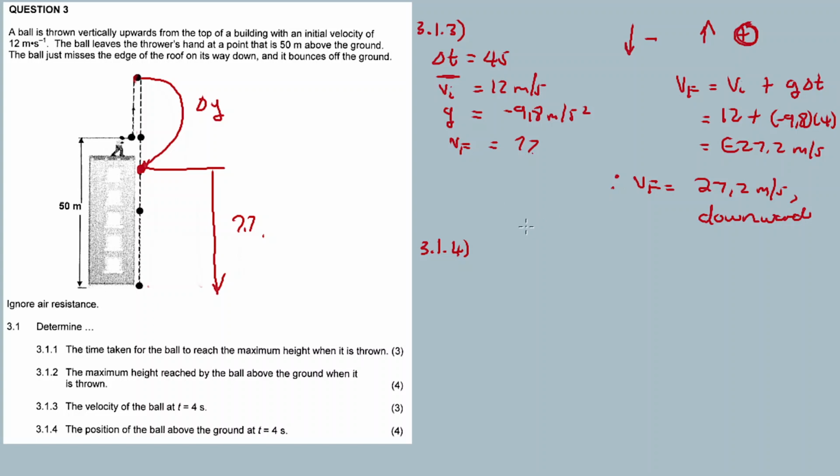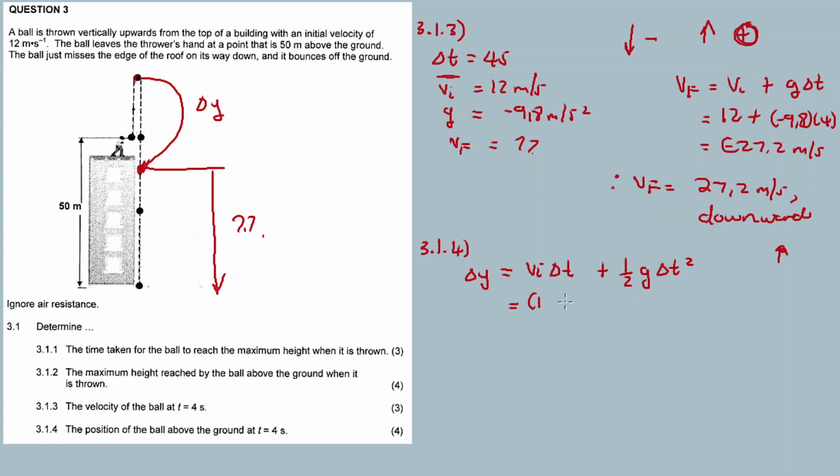So we need delta y, meaning I will use this formula: delta y equals v initial delta t plus 1 over 2 g delta t squared. I'm choosing up as positive again. The initial velocity was 12.